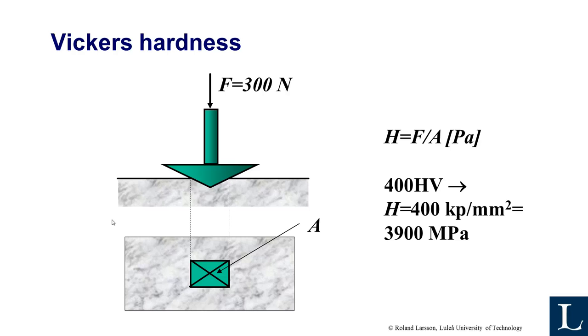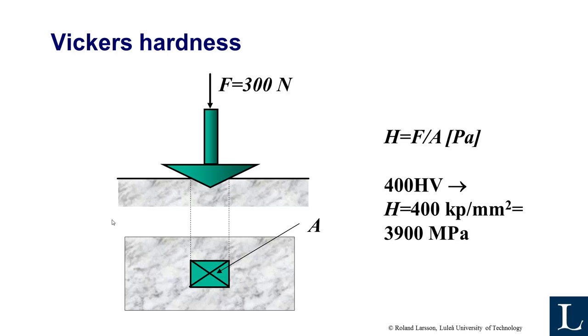And afterwards you just measure the area of this plastically deformed mark, and you define the hardness as the applied force, which is 300 newtons, divided by the measured area.